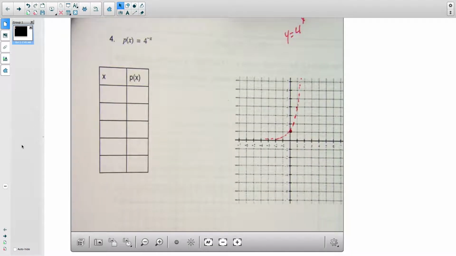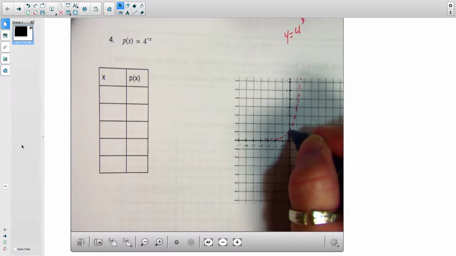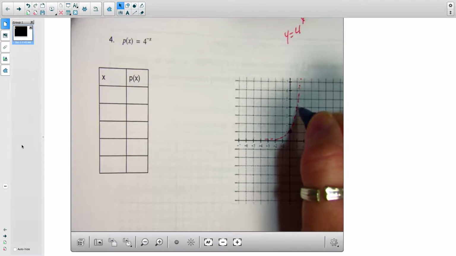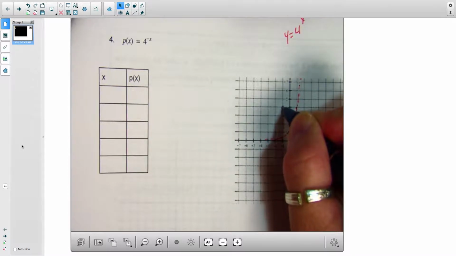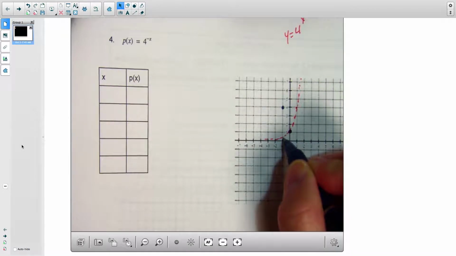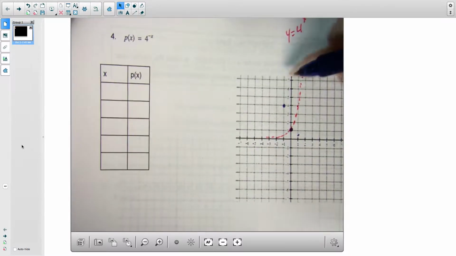What's a negative do to the graph? It reflects over the y-axis. So that means it's still going to be at 0, 1. This 1, 2 is now negative 1, 2. And this 1/4 is now over here.